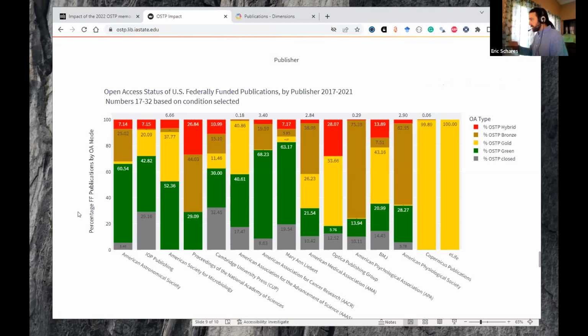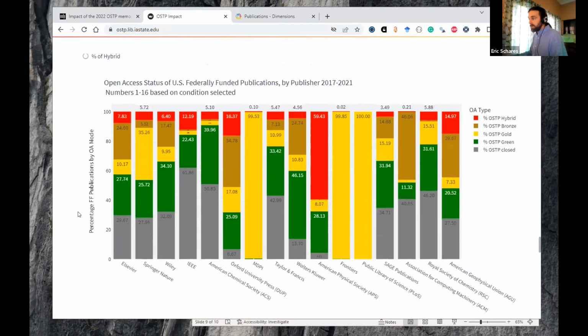And then once I've returned those top 32, I'm going to color code by open access status. So Elsevier, Springer Nature, Wiley are all large publishers that publish a lot of federally funded research, but around 30% of that is closed. IEEE and ACS, numbers 4 and 5, have much higher percentages published as closed, at around 50 to 60%.